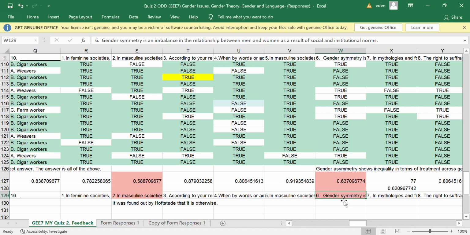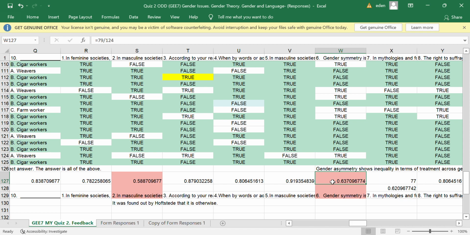But the next item, number 6, asks for your agreement or disagreement to the statement that gender symmetry is an imbalance between the relationship between men and women as a result of social and institutional norms.